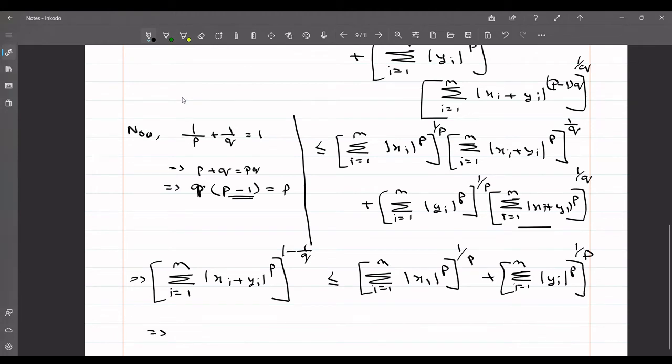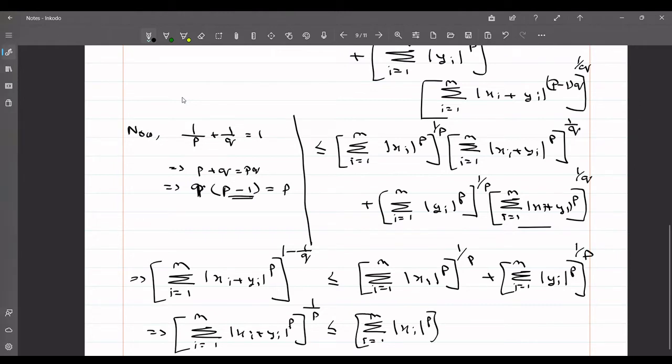So we have thus proved the statement (summation i equals 1 to n of |x_i + y_i|^p)^(1/p) is less than or equal to (summation i equals 1 to n of |x_i|^p)^(1/p) plus (summation i equals 1 to n of |y_i|^p)^(1/p).